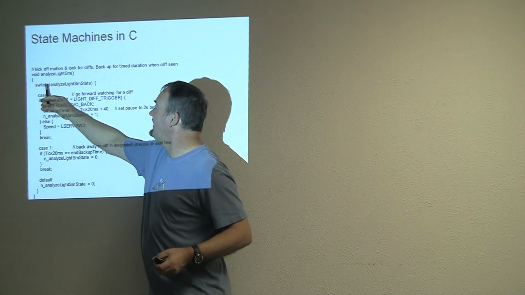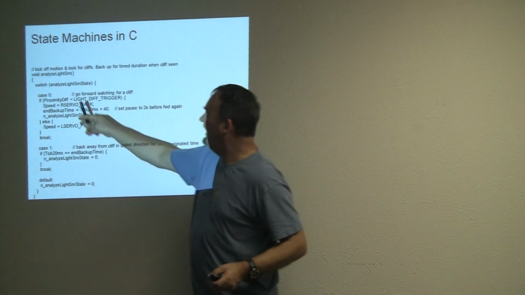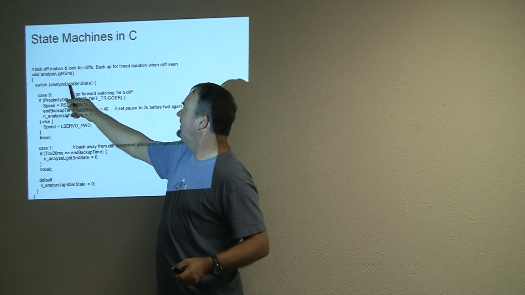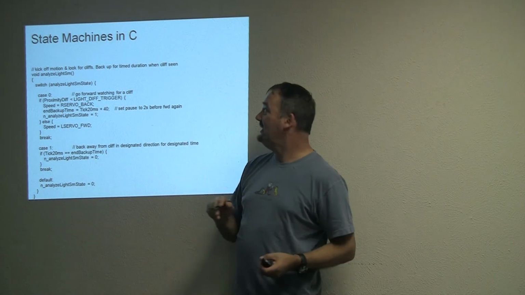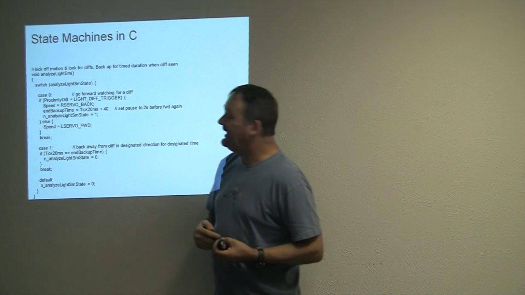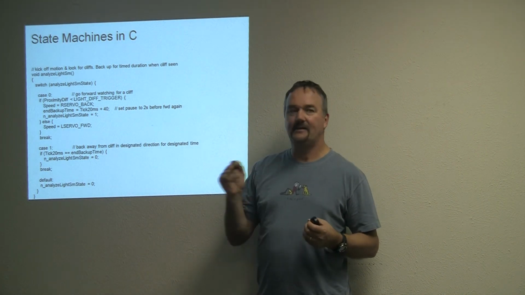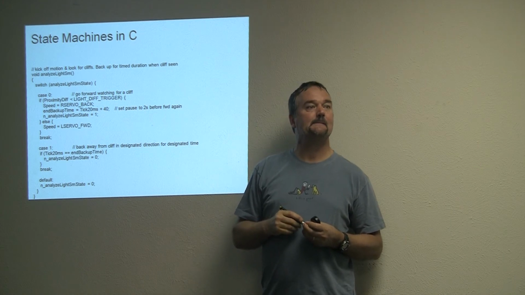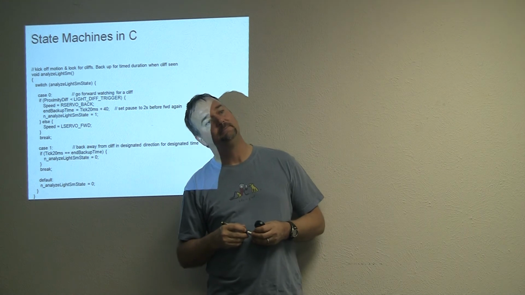If I were to put it in here as an int, it is not guaranteed to hold its value between successive calls to the analyze light SM state machine function. Furthermore, it means something completely different if it's static in the function versus static further outside in the global.